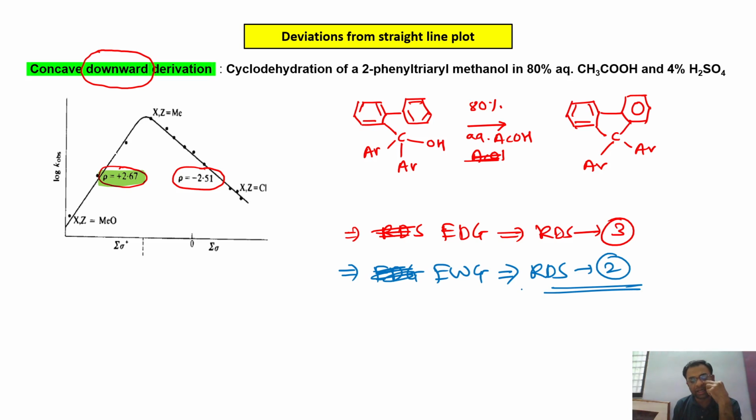And once the carbocation is formed, when an electron withdrawing group is there, the phenyl group readily attacks that carbocation, as that carbocation is very unstable and very much electron deficient, and therefore the phenyl ring attacks at a faster rate. And therefore we have a negative rho value for the carbocation formation.